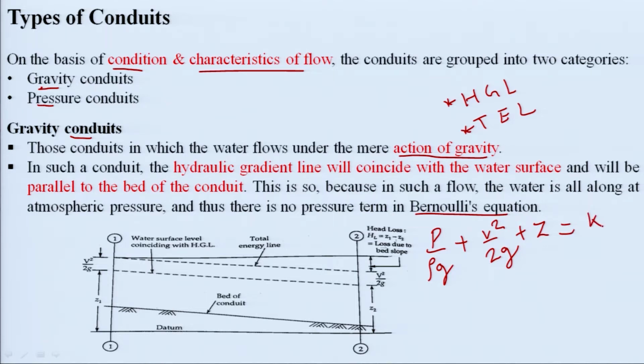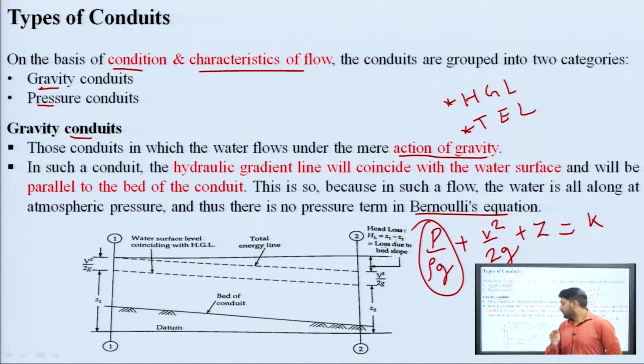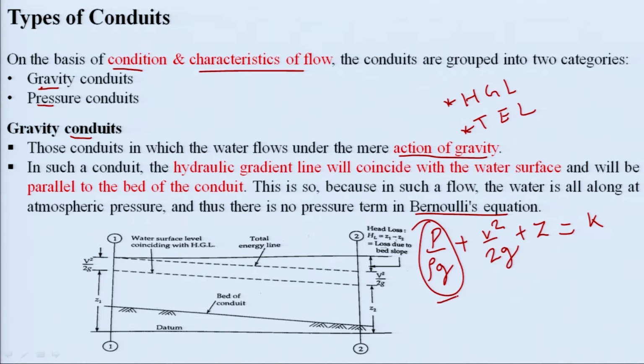Here in gravity conduits, the water is flowing under the action of gravity. It means the pressure head will be 0, and by adding pressure head and datum head we get the hydraulic gradient line. Since the pressure head is 0, simply by representing the datum head we get our hydraulic gradient line, which can be seen from this figure.